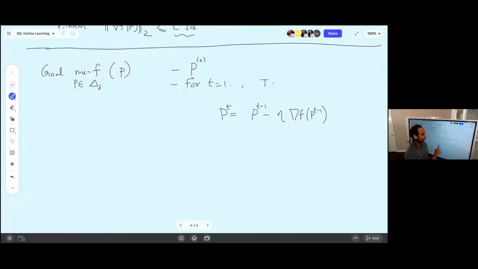You're decreasing the vector additively, so it's an additive update. But we can also ask for something different, which is to do a multiplicative update based on the gradient. So that leads to the following. Let me call it the multiplicative gradient descent algorithm.